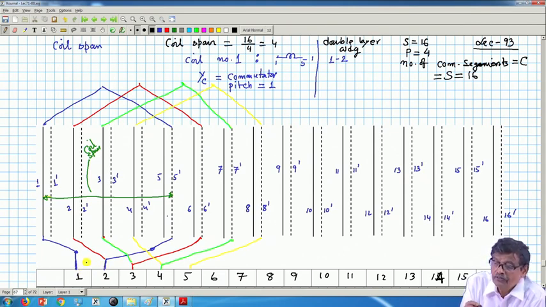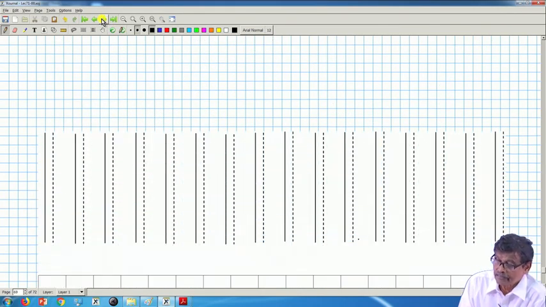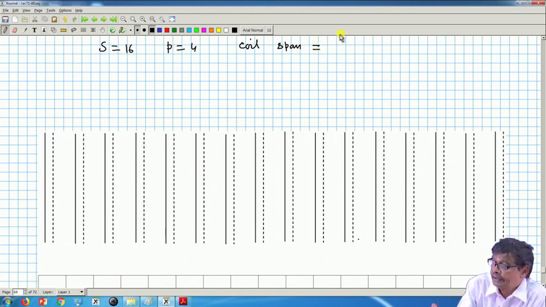For example, suppose the same problem, S is equal to 16, P is equal to 4. Coil span is equal to 16 by 4, which is 4.